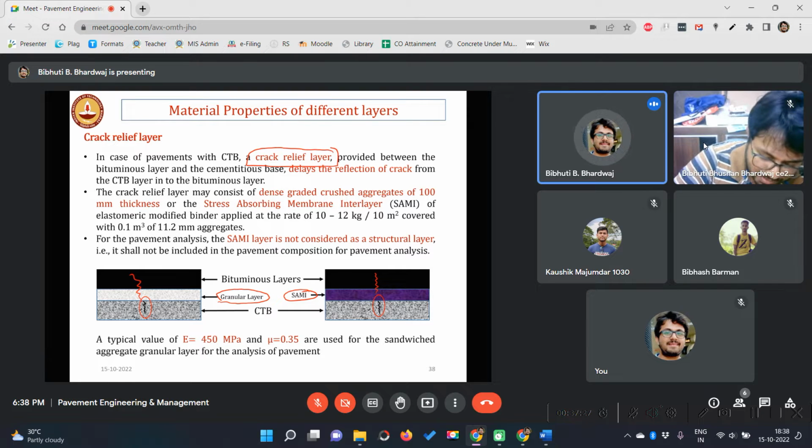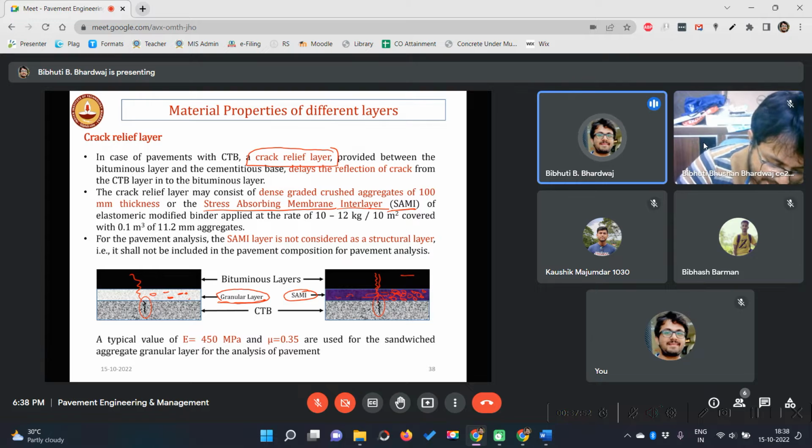This will stop the crack from propagating. It can be either a granular layer, or a stress absorbing membrane interlayer, SAMI.